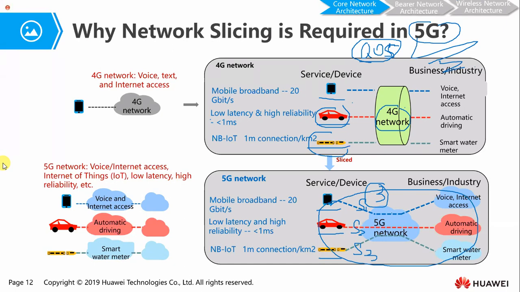So the 5G network can be used in vertical industry, but 4G can't, because it's not very stable and the latency doesn't meet the requirement.